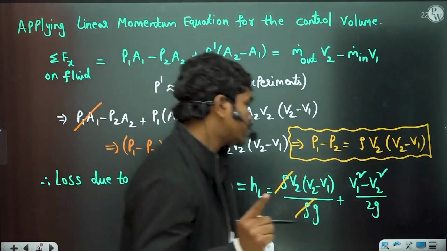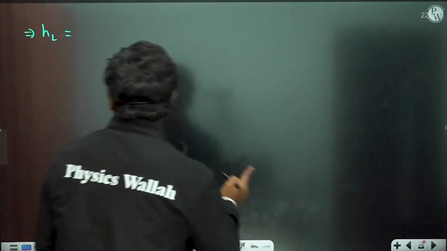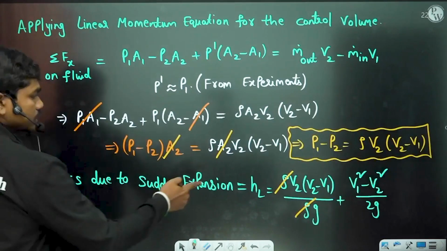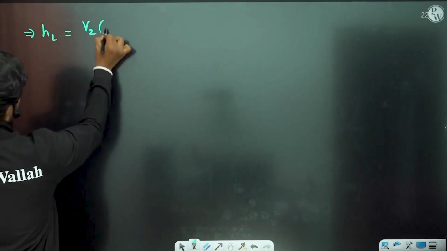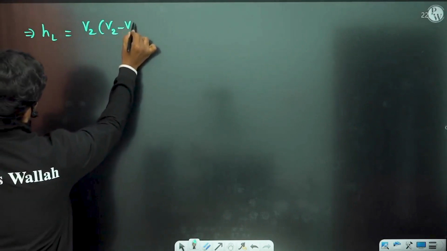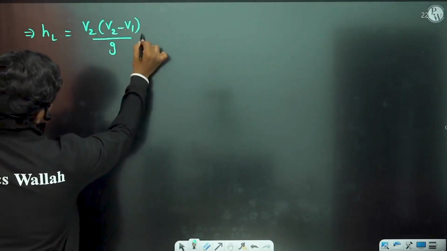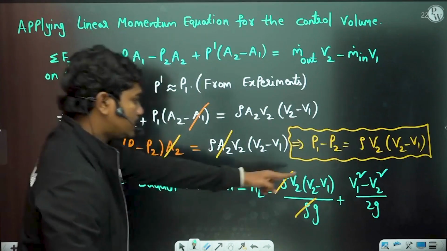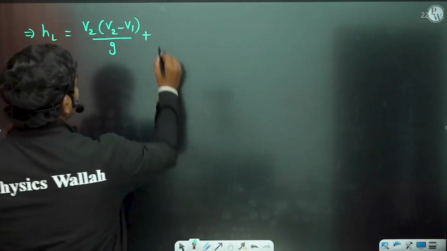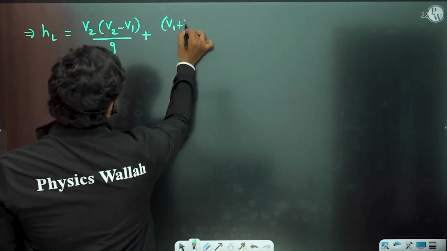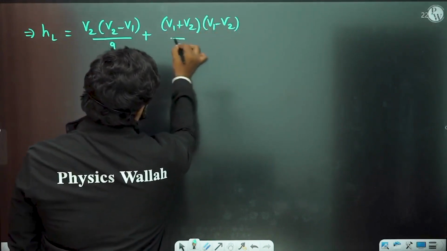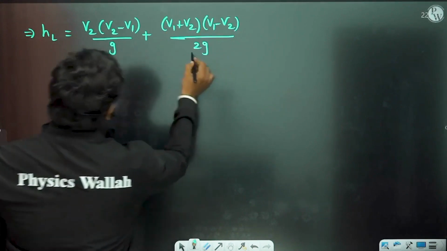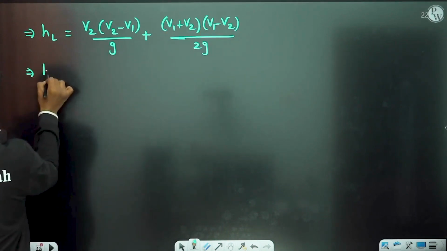Fine. Okay, good. So HL is equal to, now if you see, V2 times of V2 minus V1 by g plus V1 square minus V2 square, that can be written as V1 plus V2 into V1 minus V2, a plus b into a minus b, by 2g. So we can take some terms out.